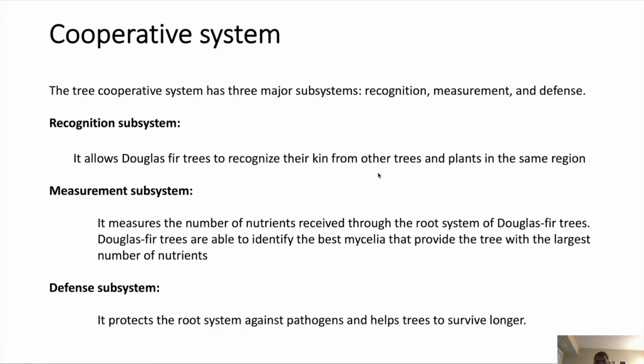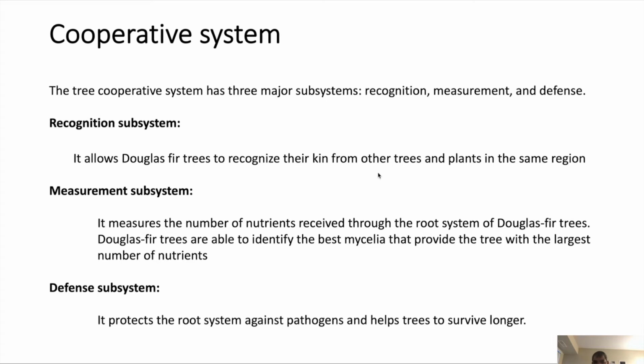The measurement subsystem helps the Douglas fir trees distinguish which is the better mycorrhizal fungi network.